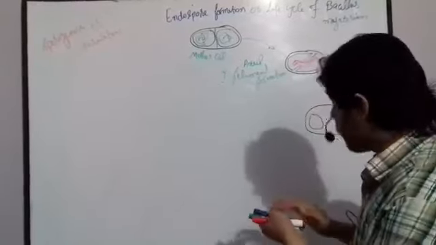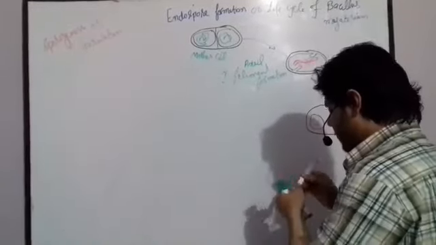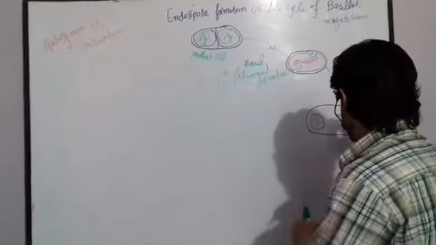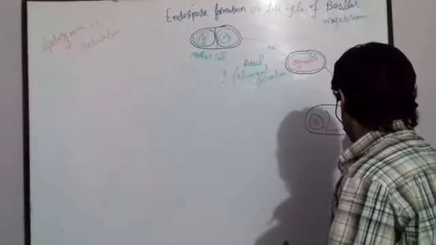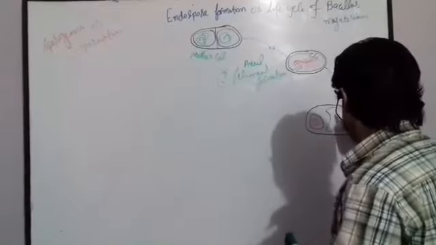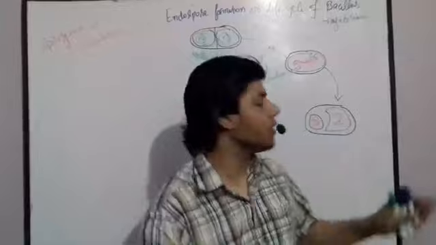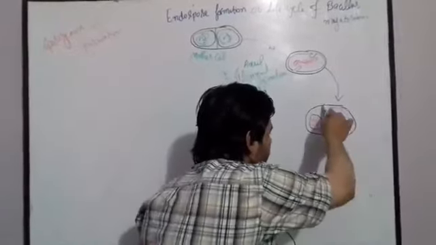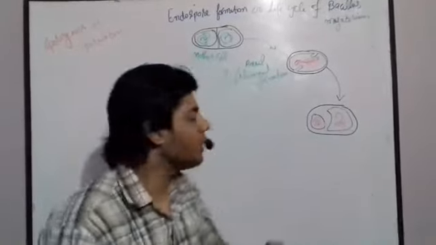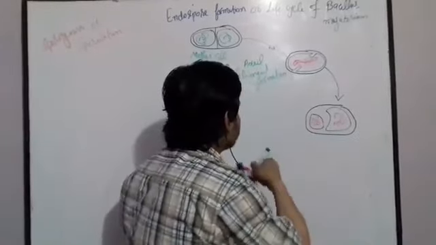This is the forespore having the genome. On that side, we have this structure. Now this is the septum. As you are watching, we get the septum as well as this forespore. So let me write, this is the second step.